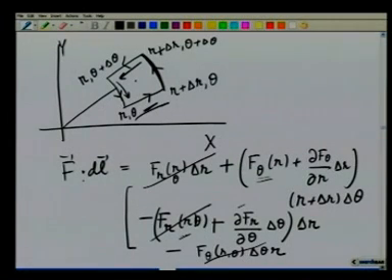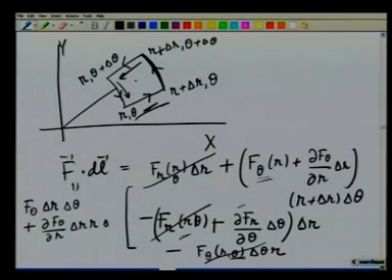I am going to get f_θ Δr Δθ. The other component f_θ r Δθ cancels with this. Then I am going to get plus ∂f_θ/∂r Δr Δθ, minus this term will be left, which is ∂f_r/∂θ Δr.